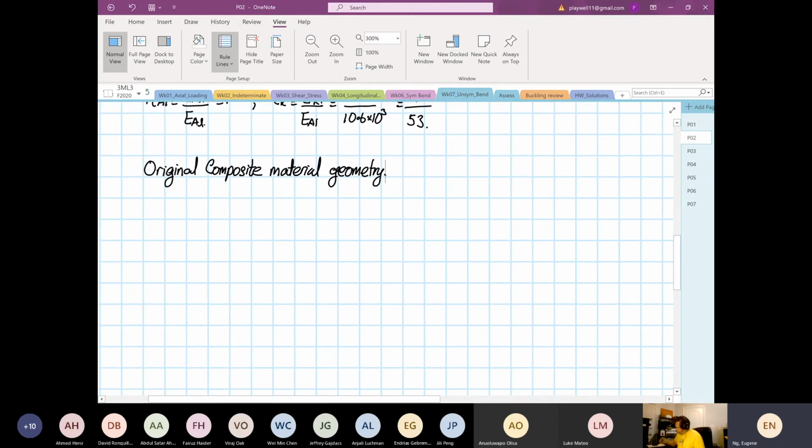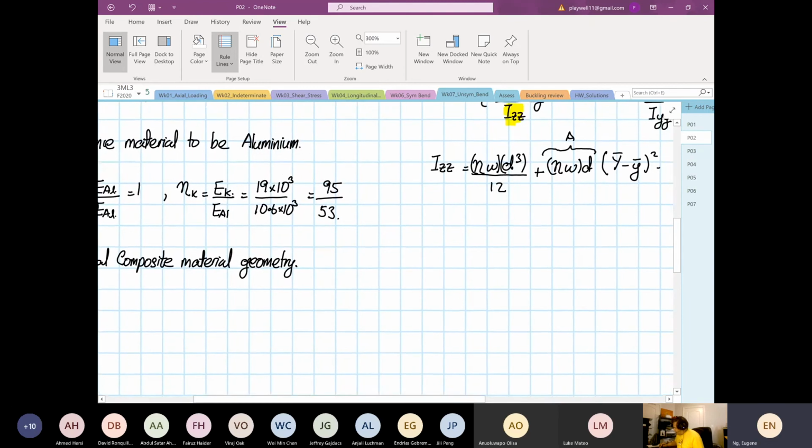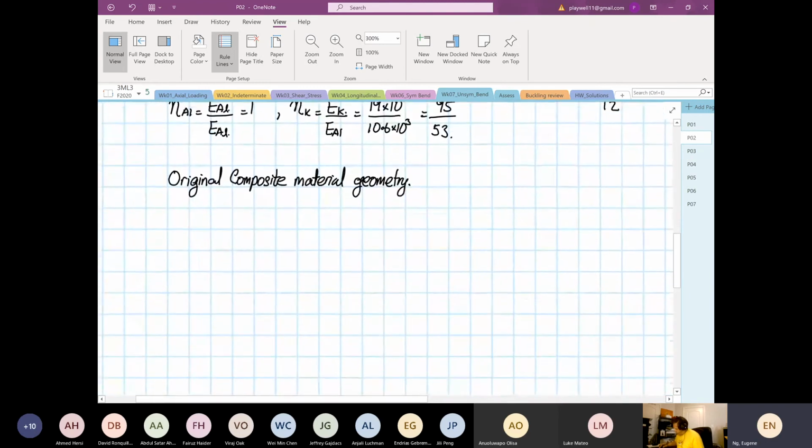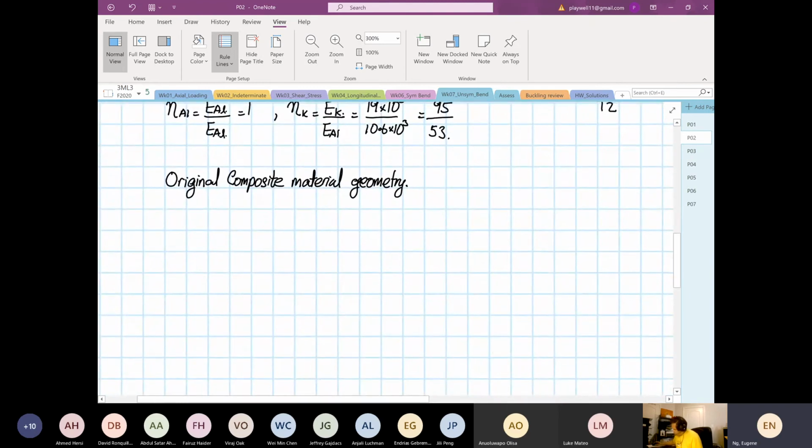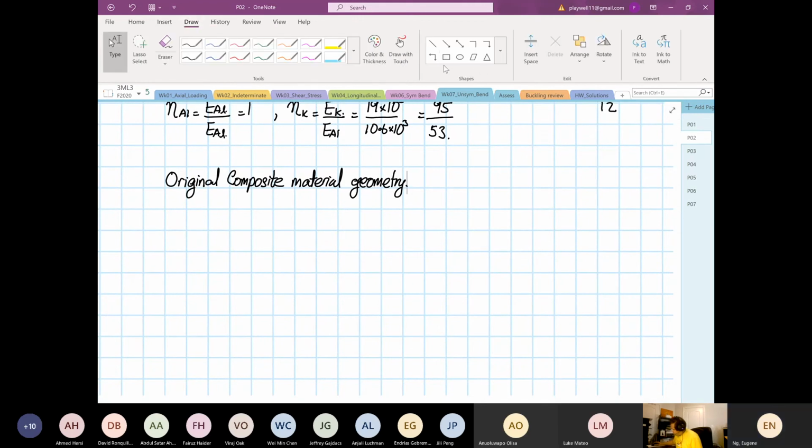So now what we want to find is IZZ. I'm going to draw our transformation first. So this is our transformation. This is your Y, this is your Z, rotation about your X. The original material looks like this.